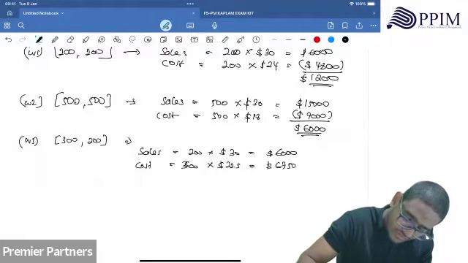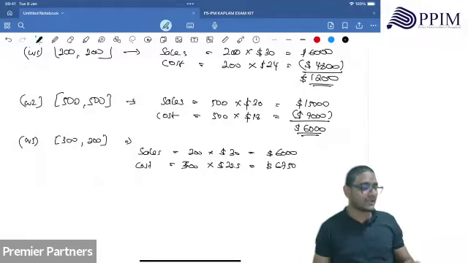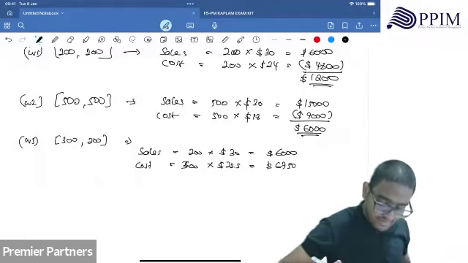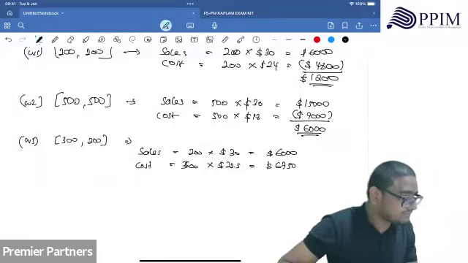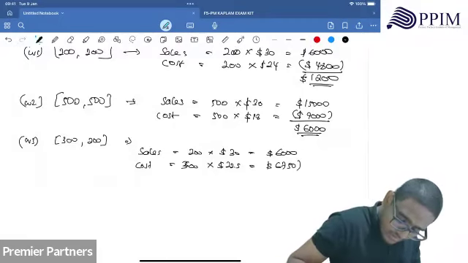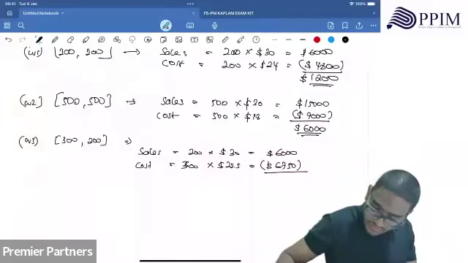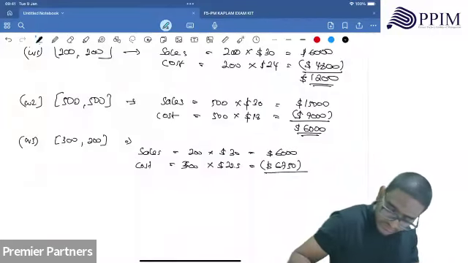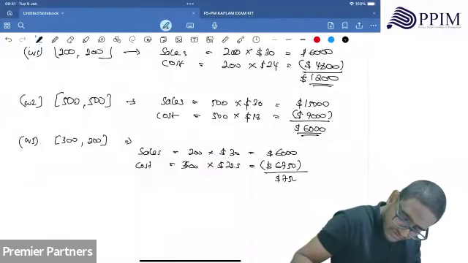Oops. So I have a cost that is now greater than my value. Okay. So what happens here? You have minus 6,750 as a loss.